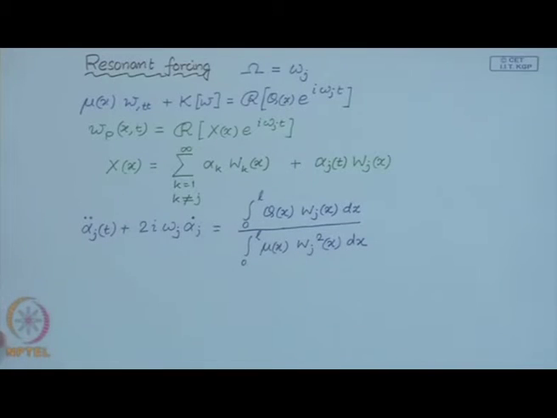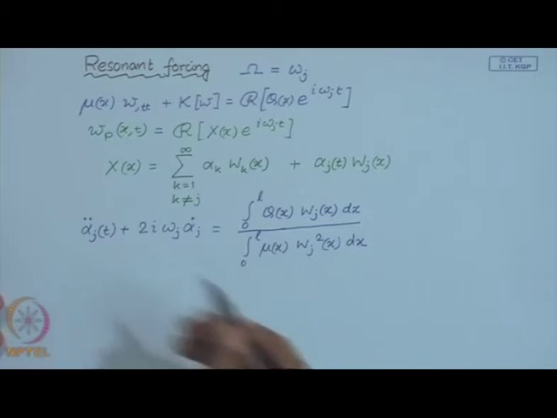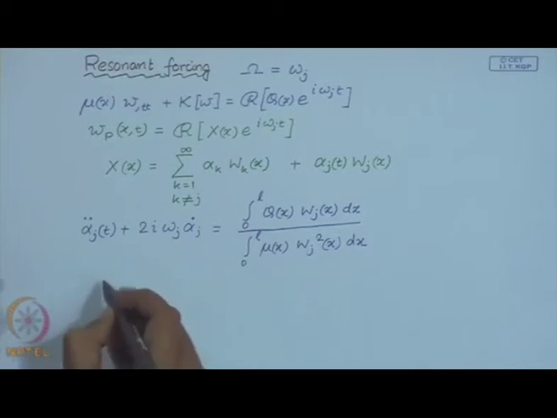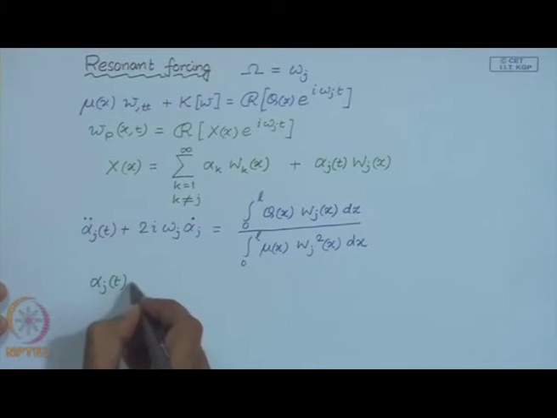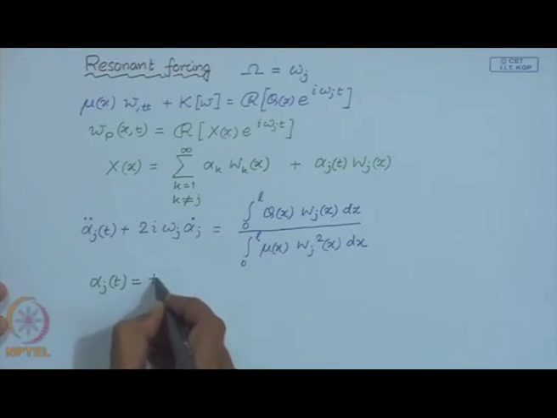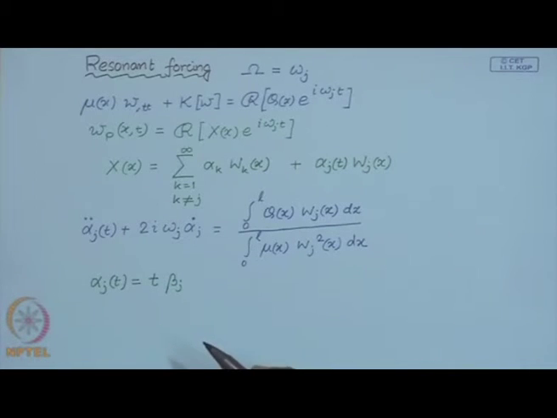Now, this differential equation, we know from our previous studies, admits a solution of this type, where beta j is a constant.